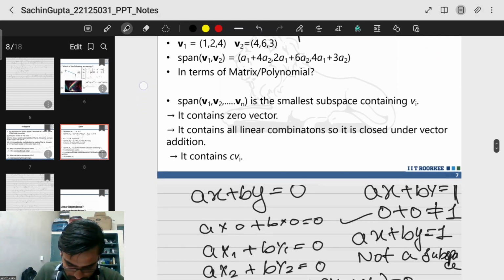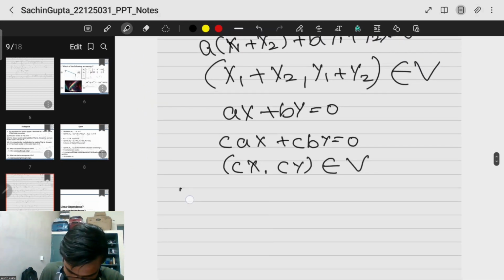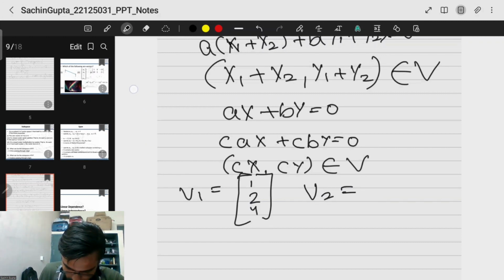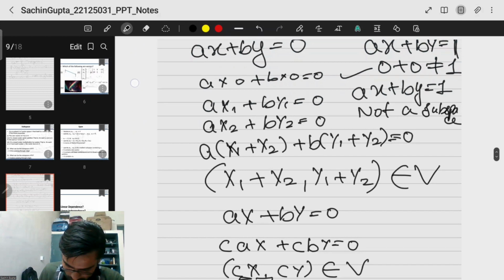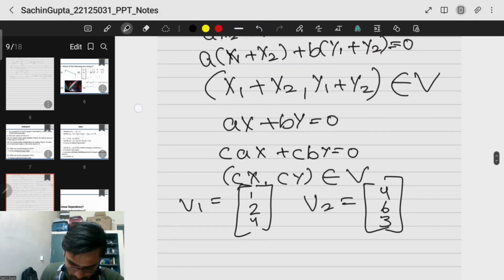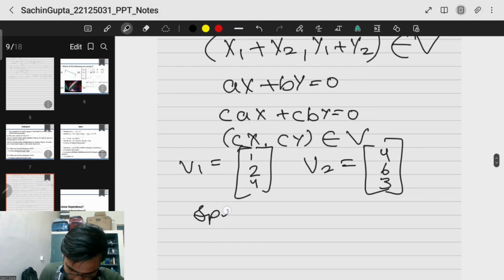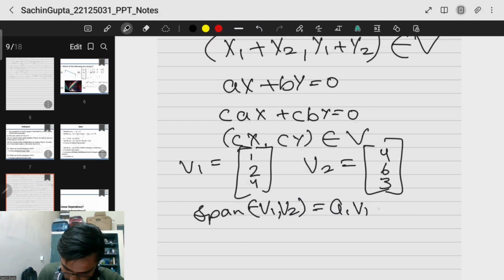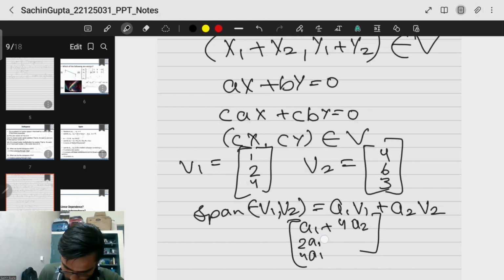If v1 is 1 2 4, and v2 is equal to 4 6 3, then their span will be the span of v1 v2 equal to a1 v1 plus a2 v2. So it will be a1 plus 4 a2, 2a1 plus 6a2, 4a1 plus 3a2, like this.